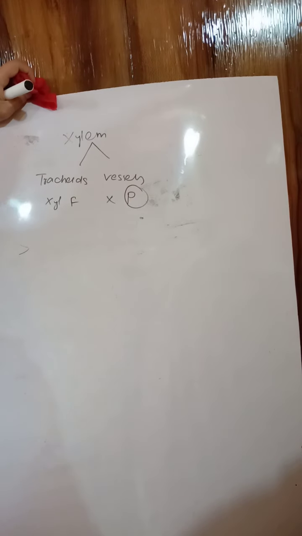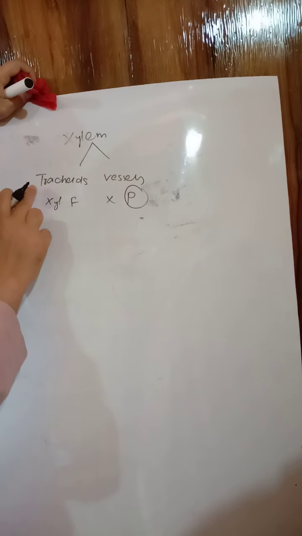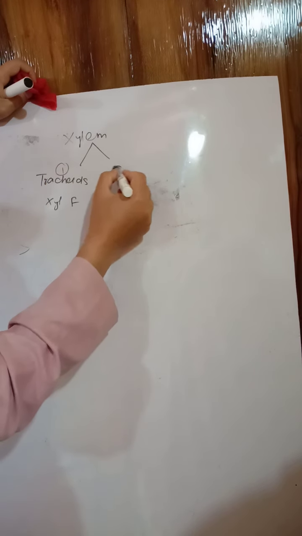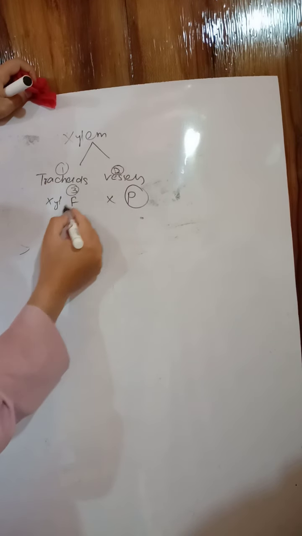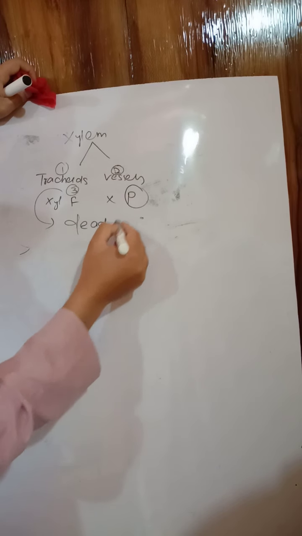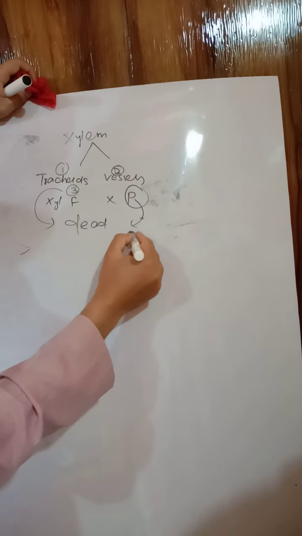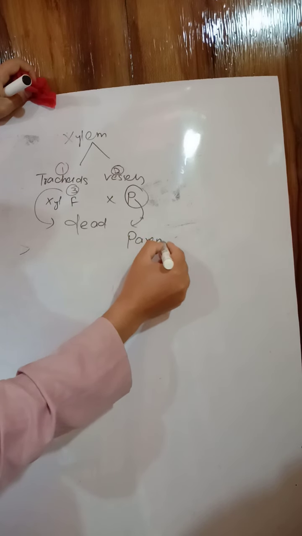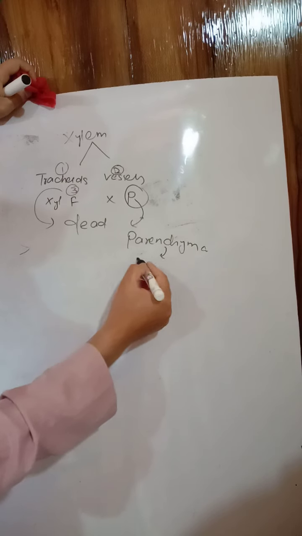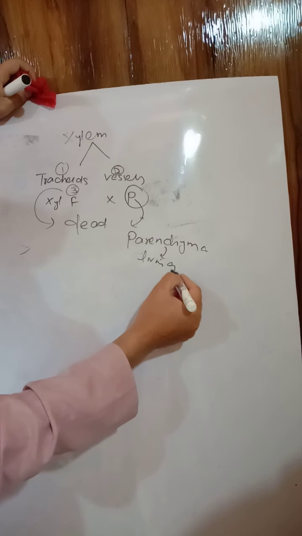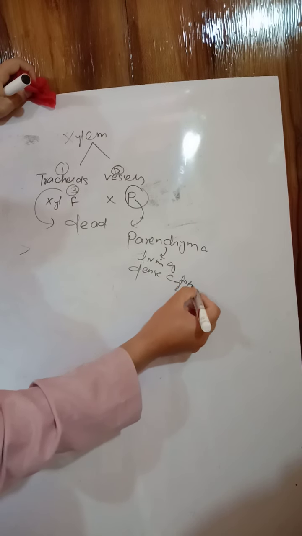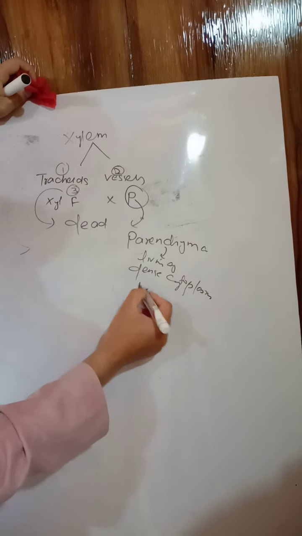Out of these four constituents, the first three, that is tracheids, vessels, and fibers, are entirely dead. But xylem parenchyma is the only constituent found in xylem which is living, due to the presence of dense cytoplasm and prominent nucleus.